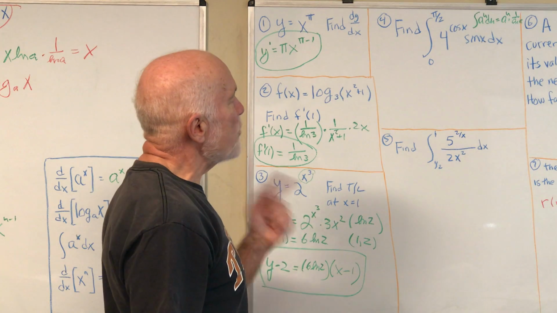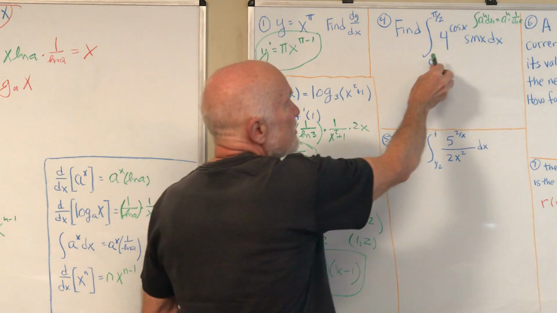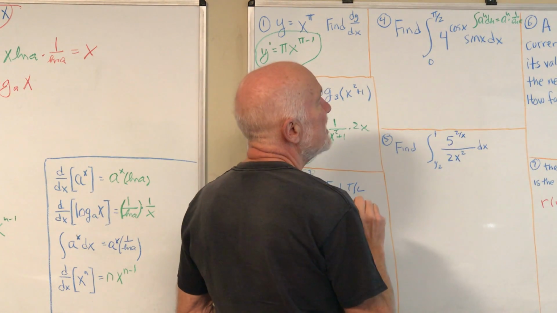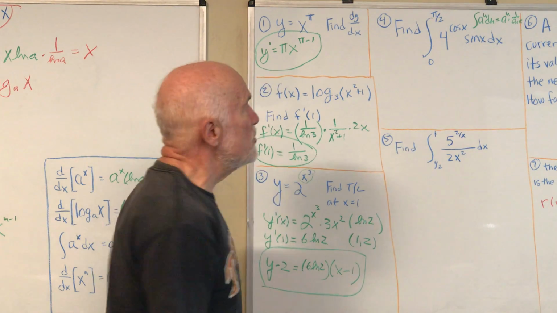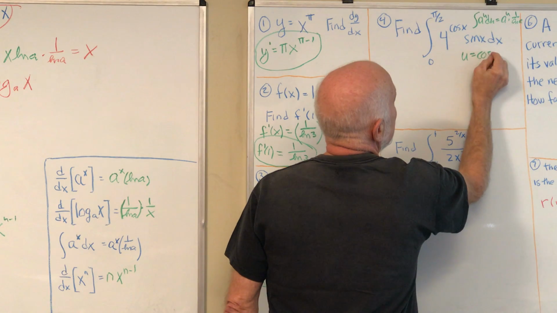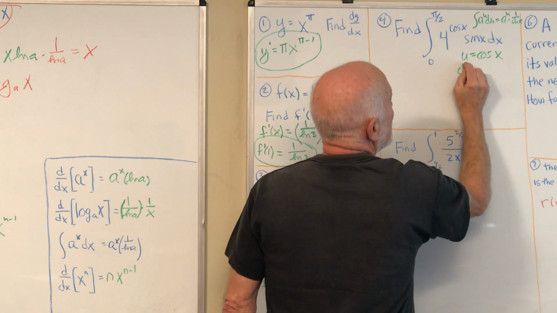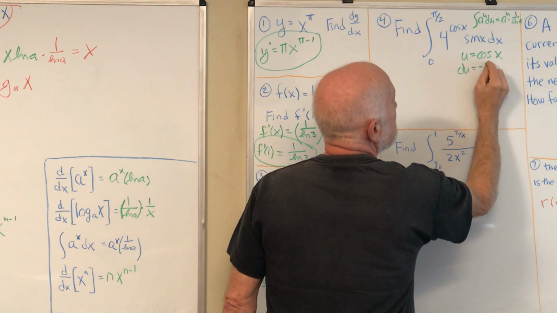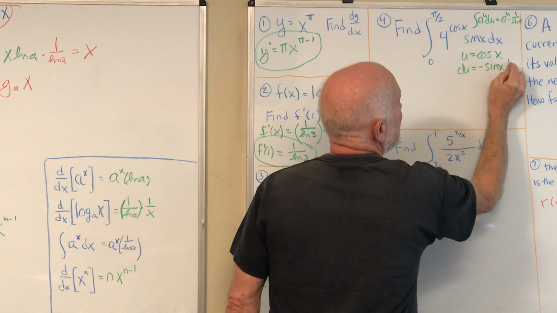So we're going to have to try to get it in that form. It's not just 4 to the x. So what we're going to do is a u substitution. We're going to let u equals the cosine of x. So du is minus the sine of x dx.